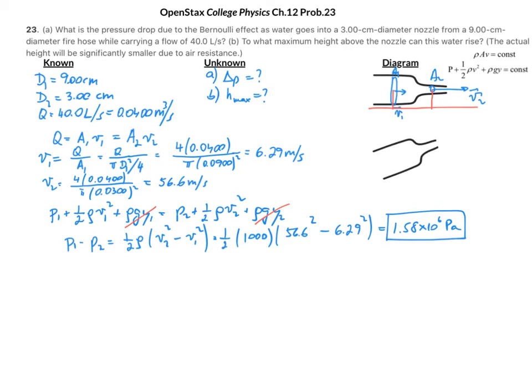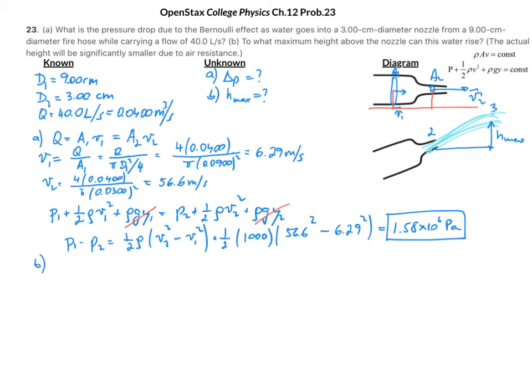Now, in the second part, we are looking for how high the water will squirt above the nozzle. The water is going to come out and go something like this, and we're looking for the height difference from the nozzle to here, the maximum height. So we'll start with Bernoulli's equation again, and I'm going to call all of those variables 2, because that's what I had before, and I'll call these variables 3.